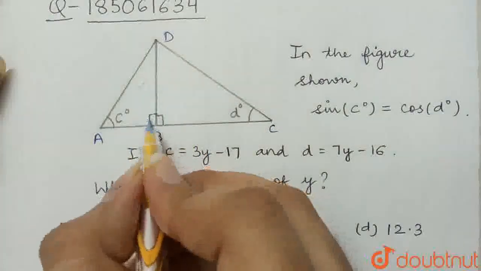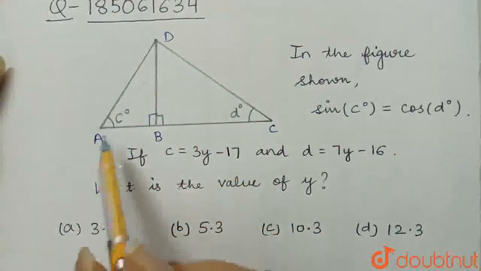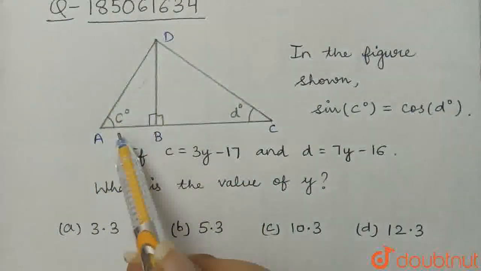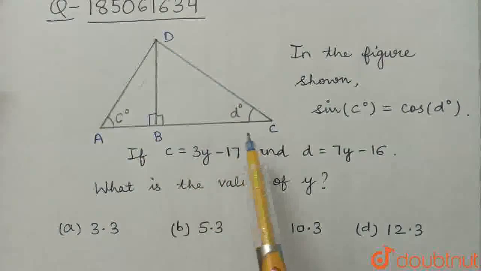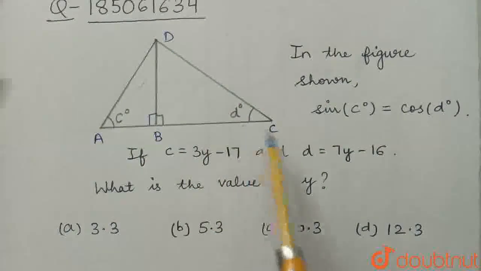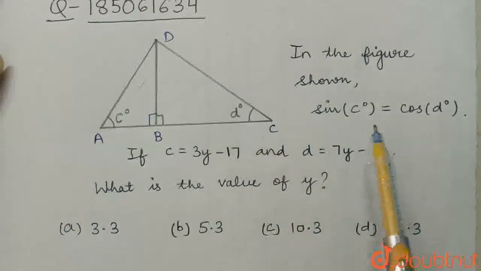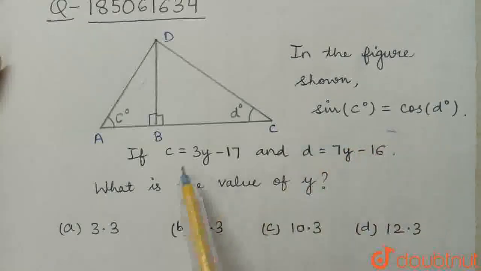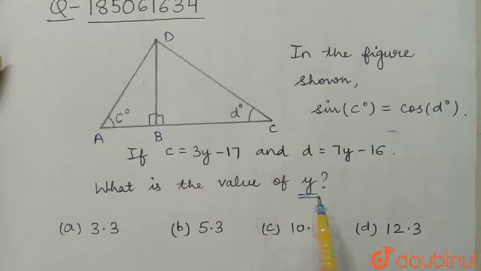So this angle is 90, and angle DAB is of the measure C and DCB is of the measure D. So now we are given these two conditions, that is sine C is equal to cos D and the values of C and D in terms of y, and we are required to calculate the value of y.